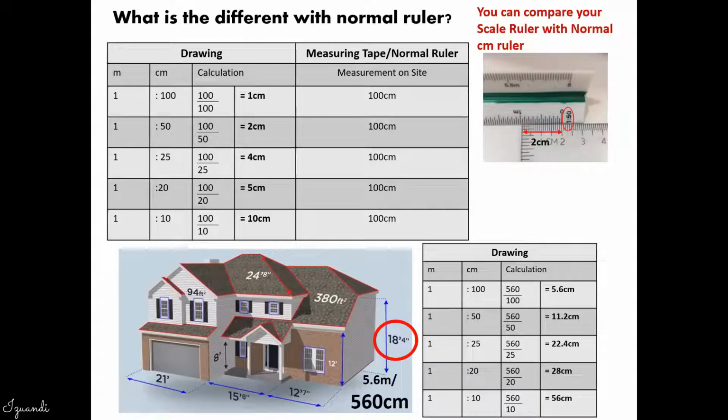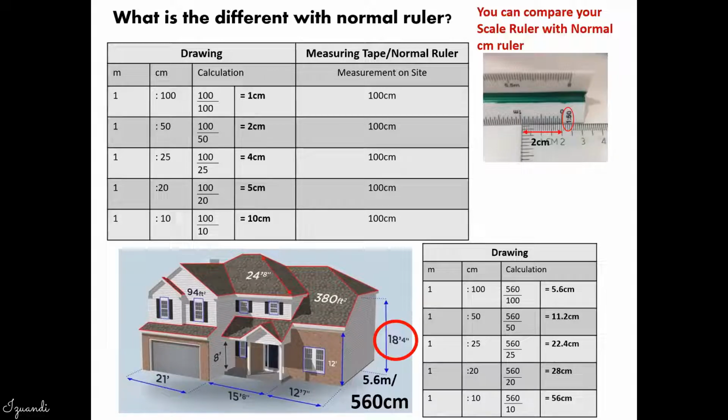If you don't believe, you can check with the normal ruler and with the 1 to 100 scale ruler. Normally I am using the type A scale ruler. You can also use type C, but you need to minus 1 digit.